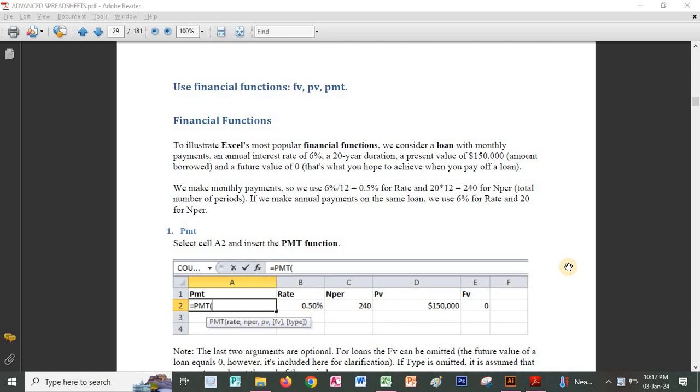We make monthly payment, so that means 6% is going to be divided by 12, so that we are going to use 0.5.